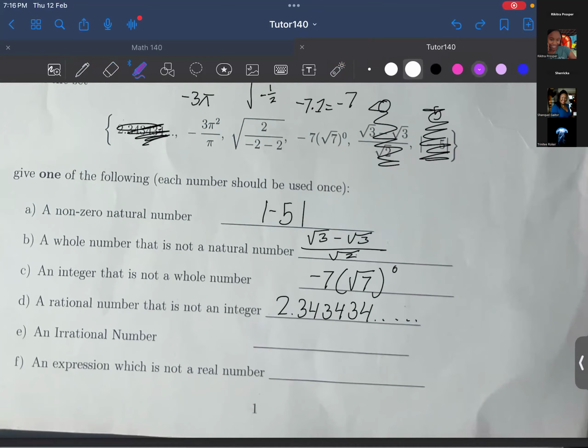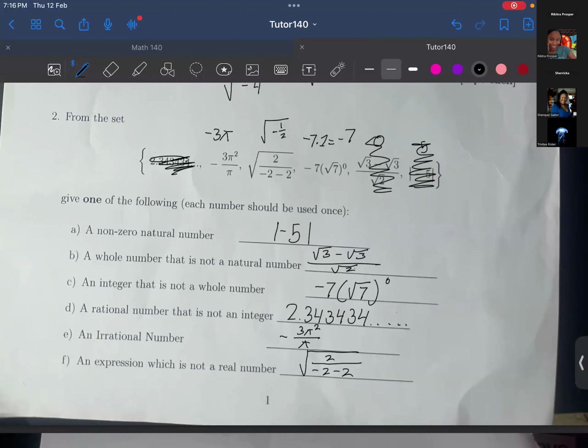Negative 3 pi squared over pi, that's 3 pi. And then down here is the square root of 2 over minus 2. And that should be everything.